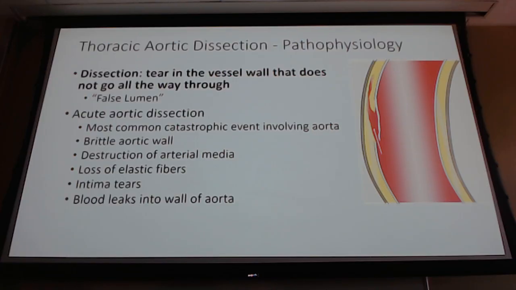Because it can cause really bad things, we try to get these people to the hospital as soon as possible. If you have a brittle aortic wall, like a really old lady or old man and it's really calcified, any little thing could potentially cause it to break.